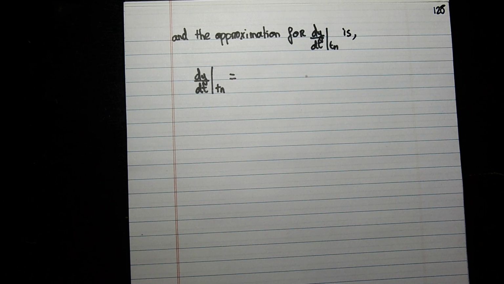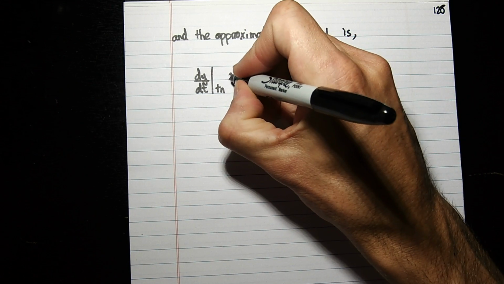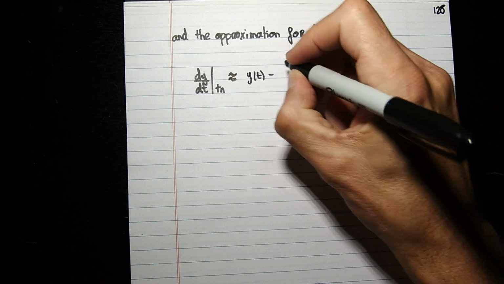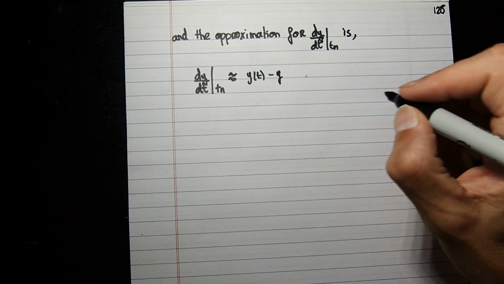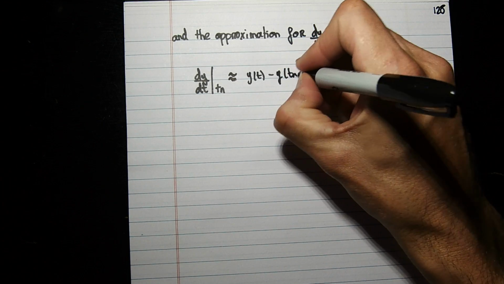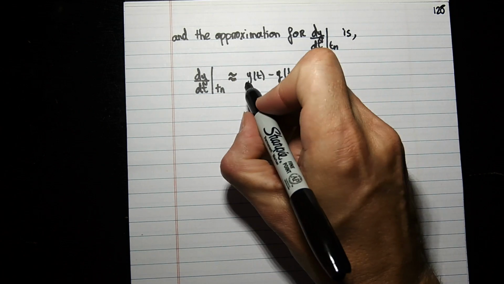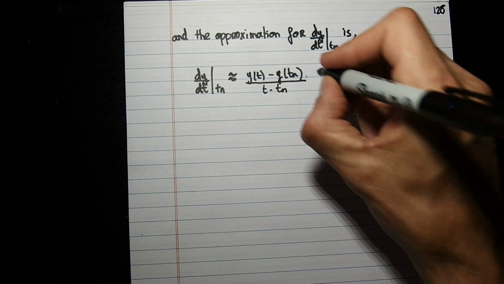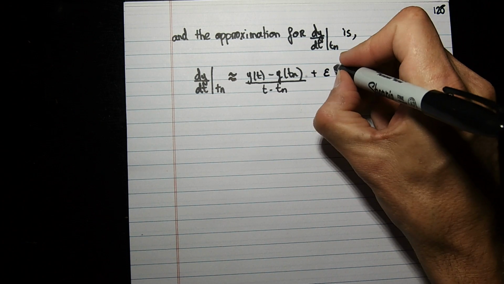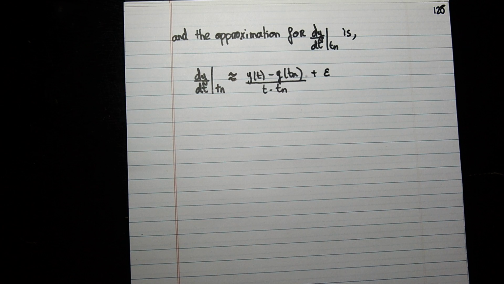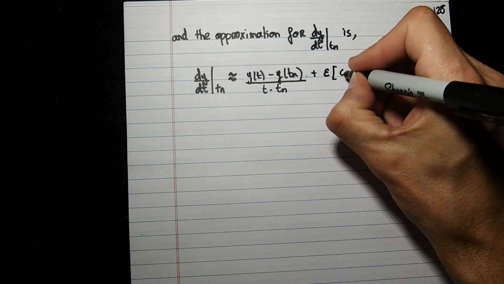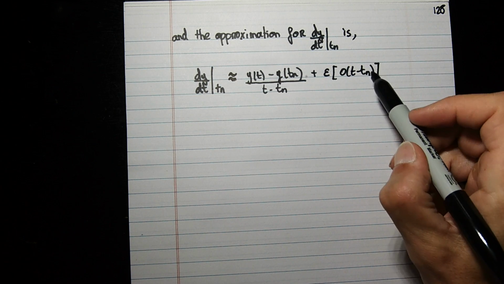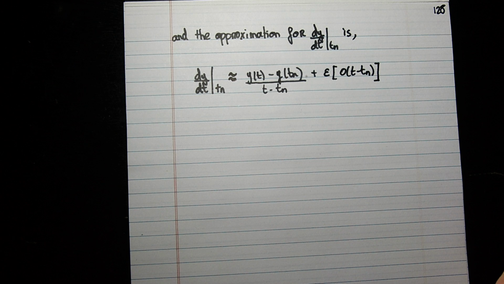So dy/dt at t_n is approximately equal to (y of t minus y of t_n) divided by (t minus t_n), plus an order of t minus t sub n. It will not be squared anymore, but just of order 1. Alright?